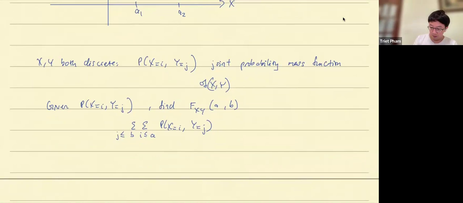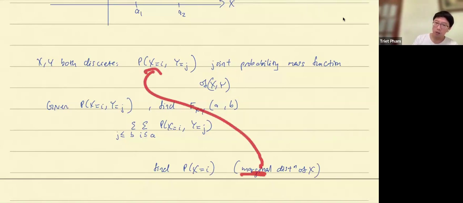Now, same thing, given this, find the probability X equals i. And this is called the marginal of X. The word marginal only sort of comes up when you have the joint.